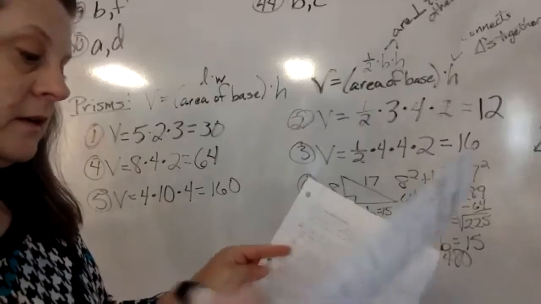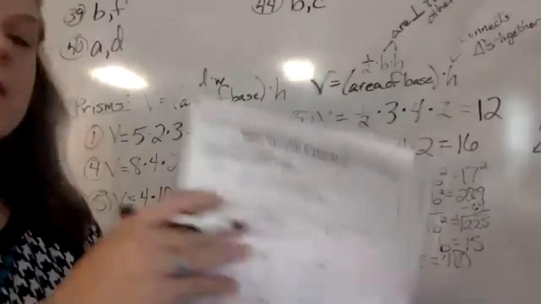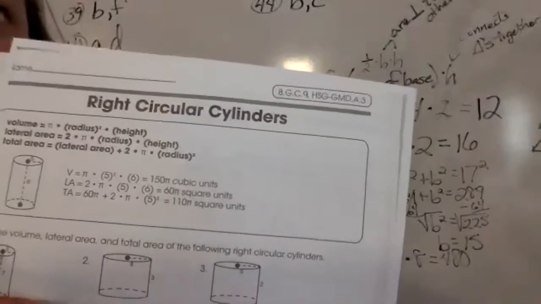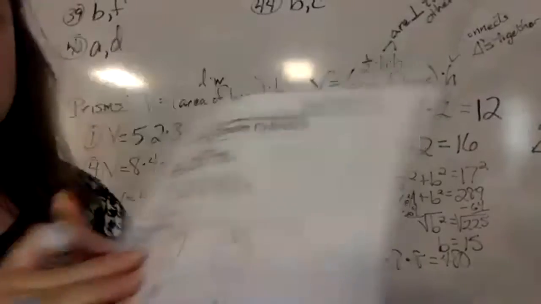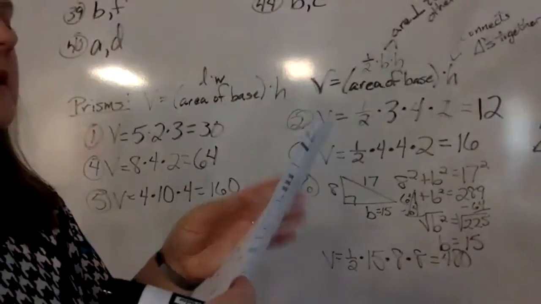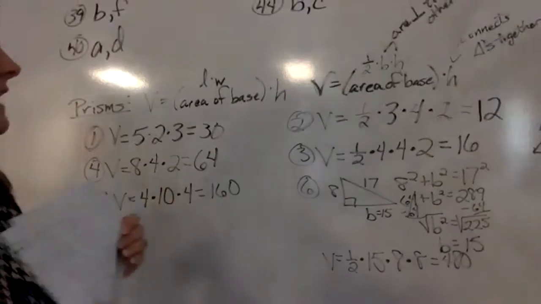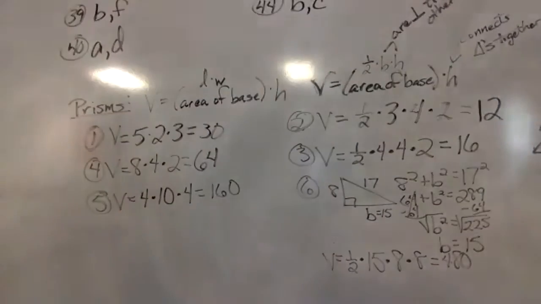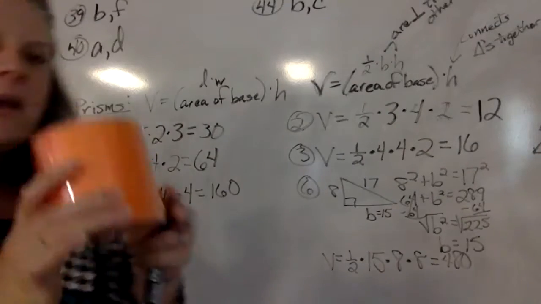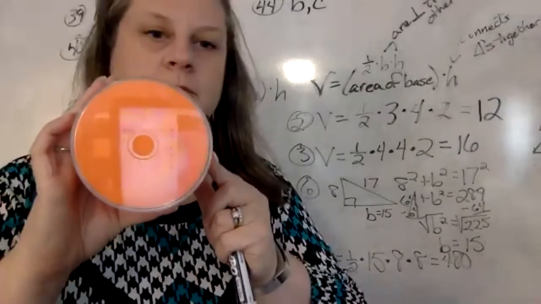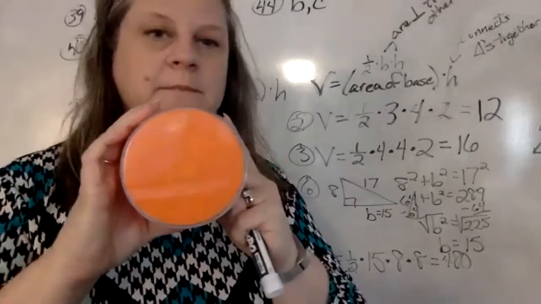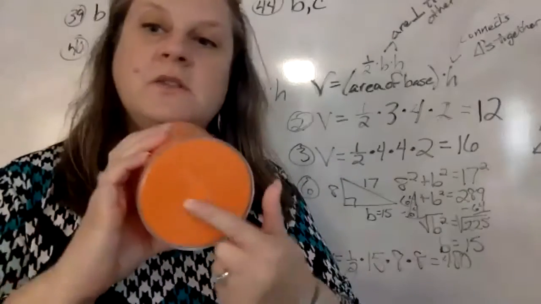All right. So I want to look at the back side for a little bit and talk about volume of cylinders. Volume of cylinders is the same concept. It's the area of the base times the height. But if you're talking about a cylinder, what shape is the base of a cylinder? It's a circle.